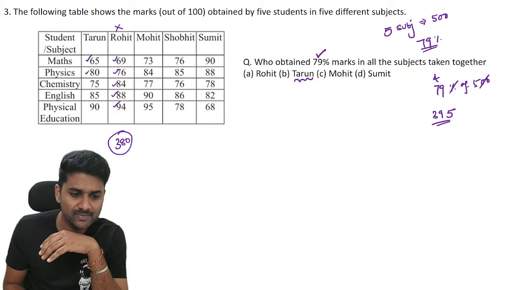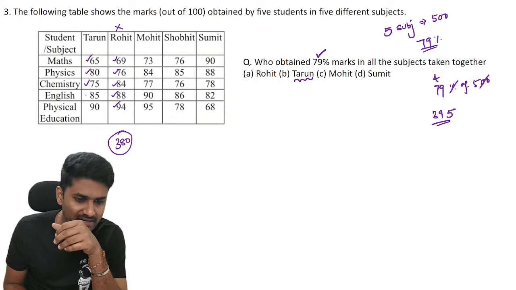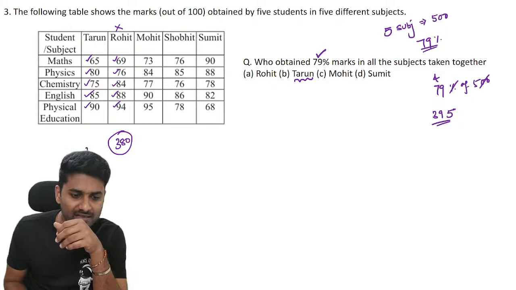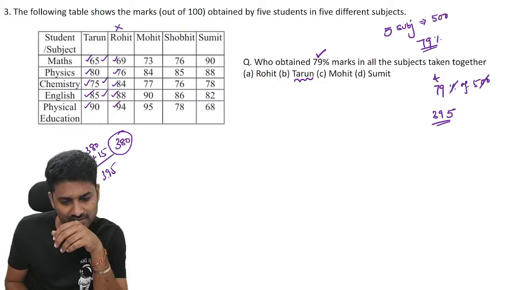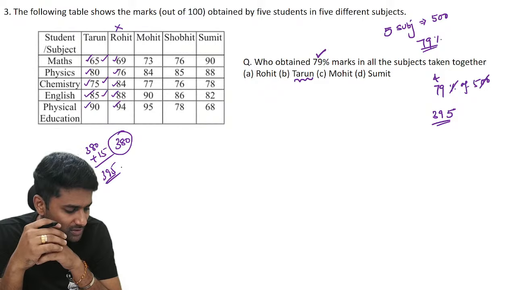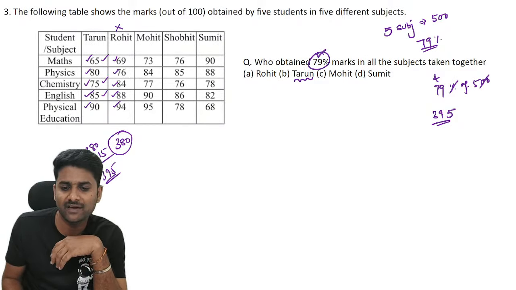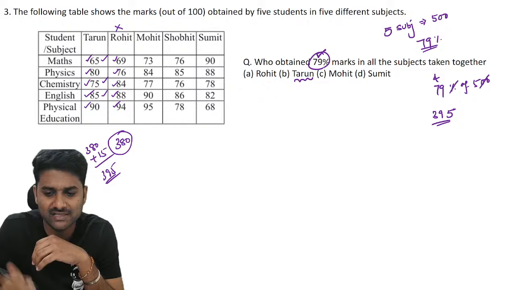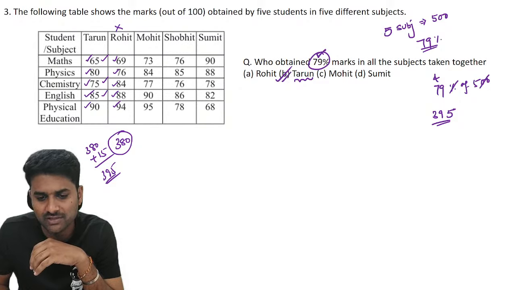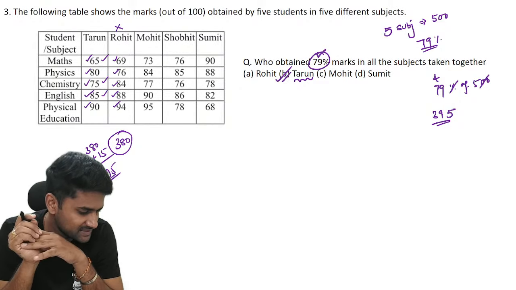Again, 60 plus 80 is 140, plus 70 is 210, 290 and 380. Now go through the sum: 5 plus 5 plus 5 is 15, so the total value is 395. If Tarun got 395 out of 500, then the exact percentage is 79%. That's why, with all subjects together, Tarun got 79%.